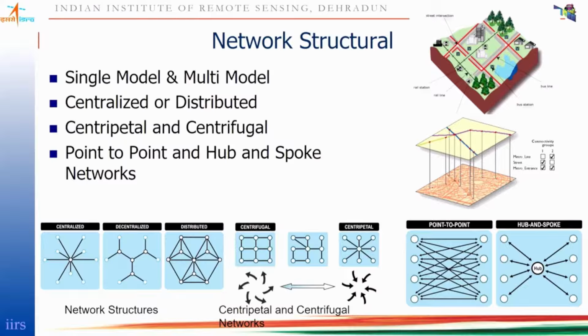Then you may have a network which provides full connectivity from point to point, or there may be a hub and spoke network, meaning from different locations all the materials get collected at one point, which is called the hub, and from there it gets distributed to the other sides.